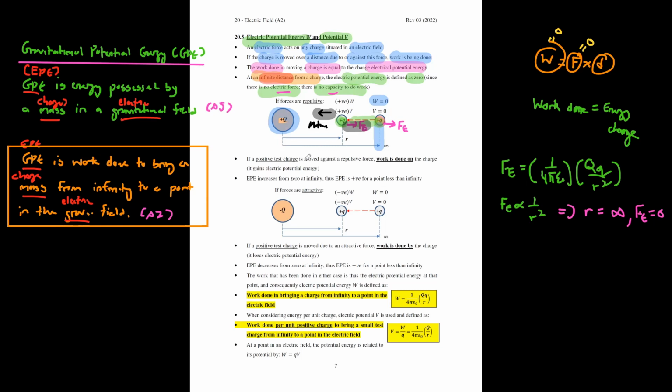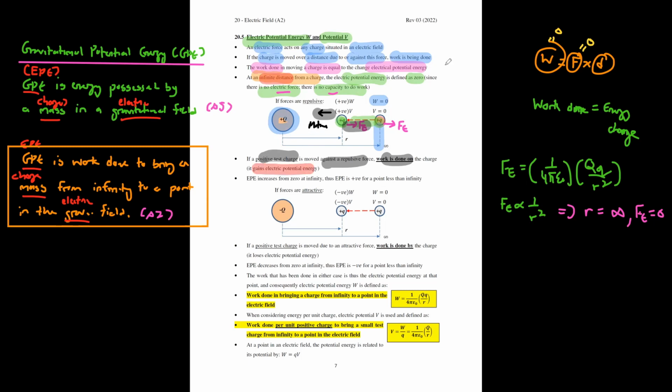Your positive test charge is moved against a repulsive force, so work is done on the charge. Because you're trying to overcome the repulsive force, you are doing work against it, so you are actually doing work on the charge. When you do work on the charge, we say that your charge gains electric potential energy.